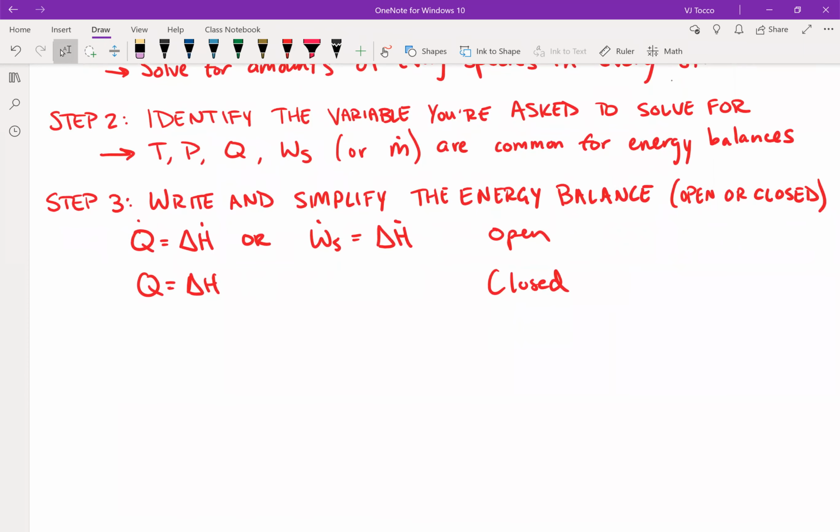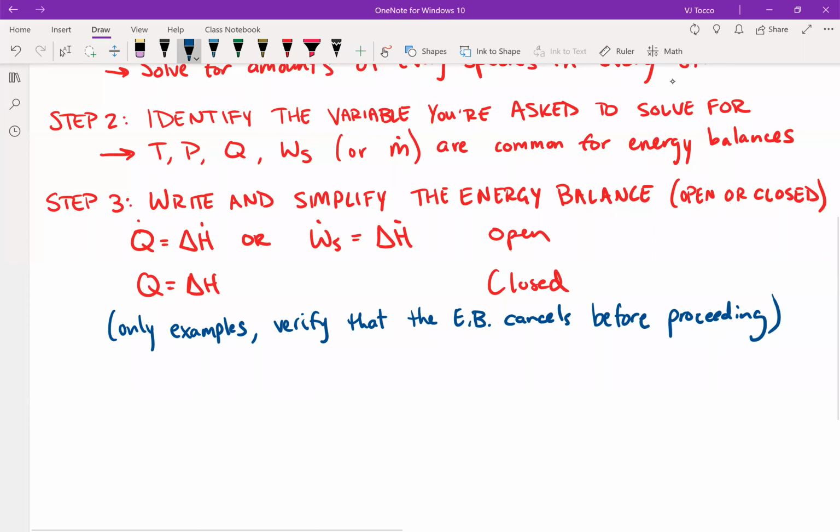This is not where you should start. So this is, again, only an example. This is oftentimes what the energy balance simplifies to, but not always. So I think it's good practice to always start with the full form of the open or closed energy balance, cancel terms as appropriate, and you'll find that they oftentimes reduce down to these forms.